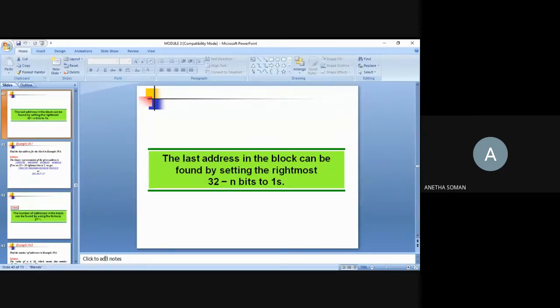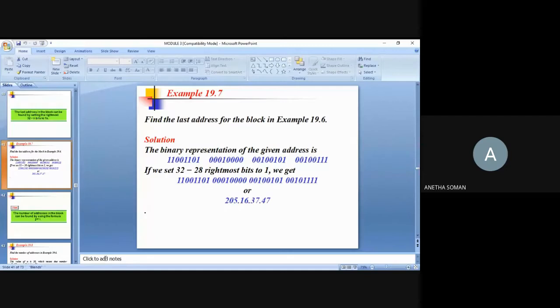The last address in the block can be found by setting the rightmost 32 minus n bits to 1s. So the rightmost 32 minus n bits, I have to change to 1s. Considering the same example, I find the binary representation of the given address.